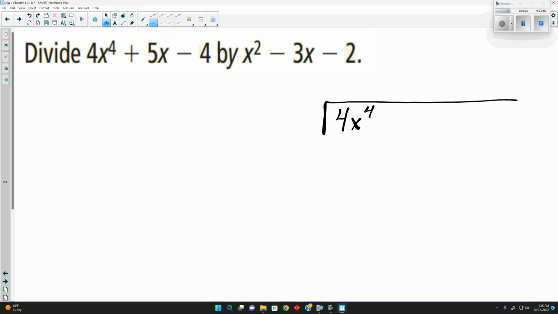Well, this one here, we don't have an x cubed term, so we'll add it in as plus 0x cubed. Fortunately, we also don't have an x squared term, so we'll have to add it in as 0x squared. But we do have a 5x. We do have x to the first minus 4. I'll put the other one out front, x squared minus 3x minus 2.